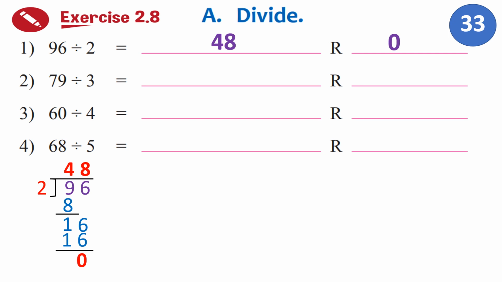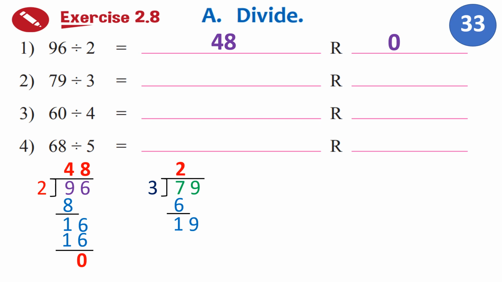Number 2, 79 divided by 3. First, you divide 7 by 3, which is 2. 2 times 3 is 6. Then 7 minus 6 is 1. Then bring down 9.